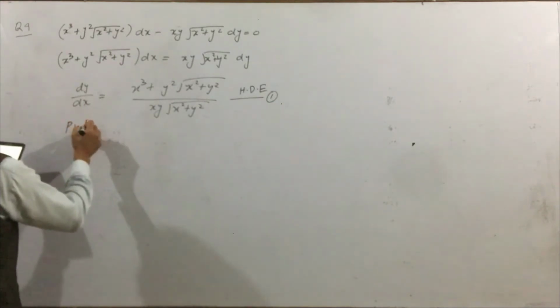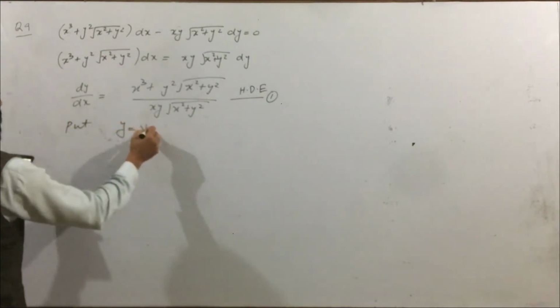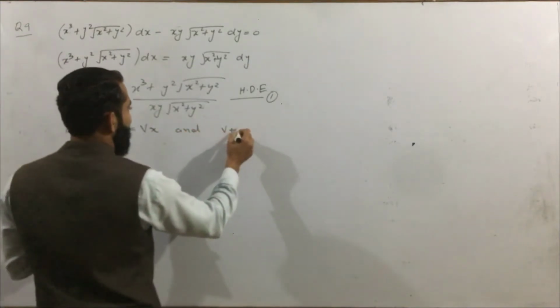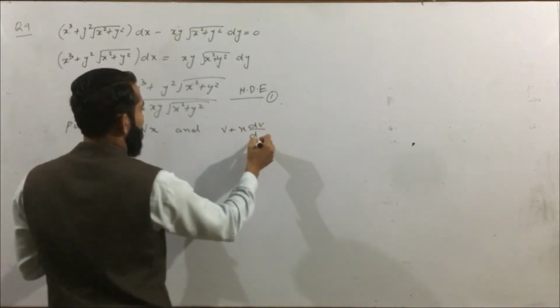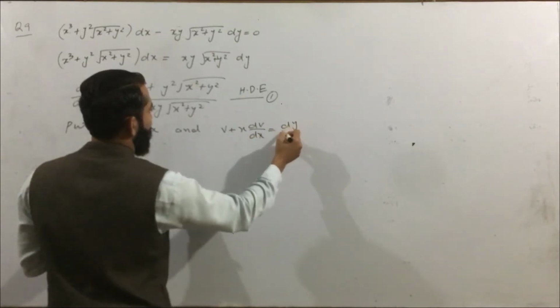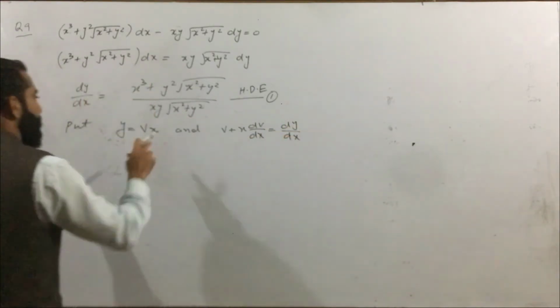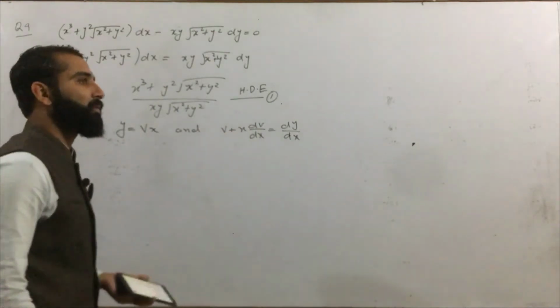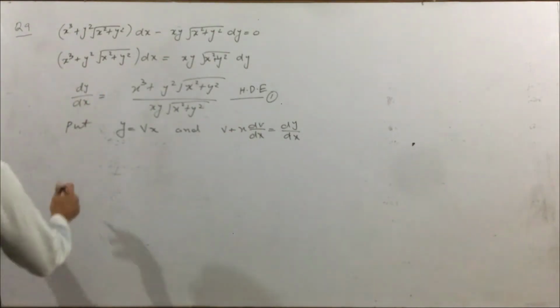Put y is equal to vx, and after taking the derivative of this, we got v plus x dv over dx is equal to dy over dx.